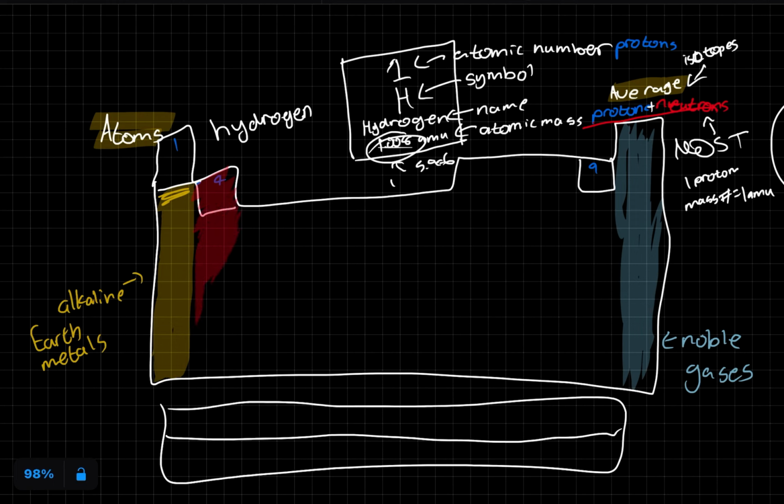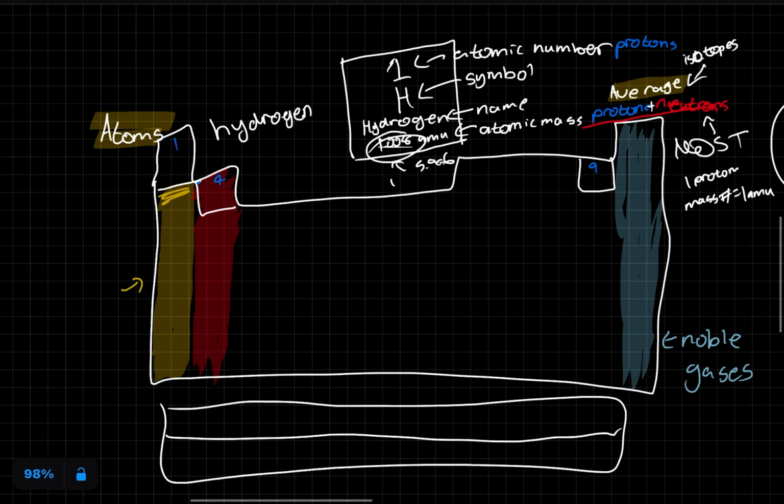This is actually the alkaline earth metals. This is not alkaline earth metals. These are just the alkali metals. Do not be like me. Do not mess these up on a test. These are alkali metals. I am very sorry for messing these up. These are alkali metals, okay?